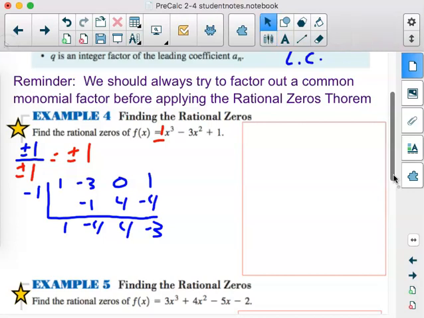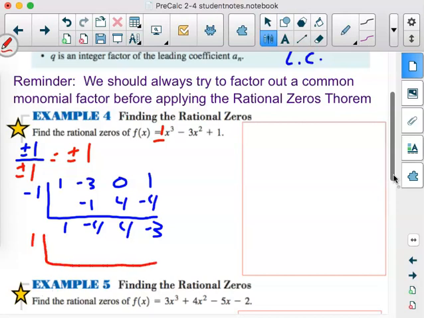Well, there was one more number to try in this, and it was positive 1. So we'll try that with 1, negative 3, 0, and 1, and see if we can get a 0 in that last slot. So bring down your leading coefficient. Outside the box is multiply, inside is add. Outside the box is multiply, inside is add.